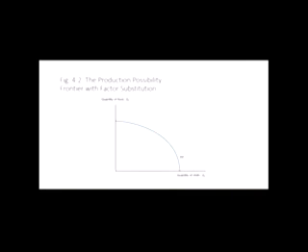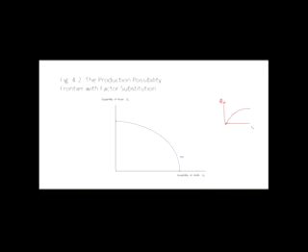As we have discussed, we can use multiple combinations of inputs, that is land and labor, to produce a single unit of food. But remember that this combination is not constant. For example, we may sacrifice 1 unit of land and substitute that with half a unit of labor initially.